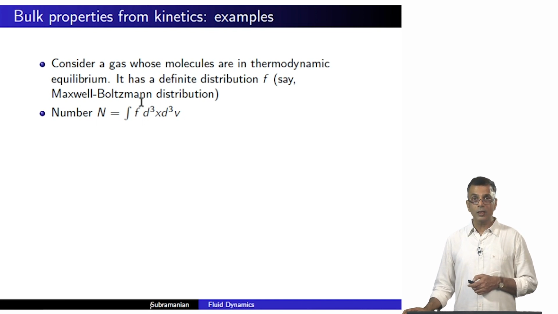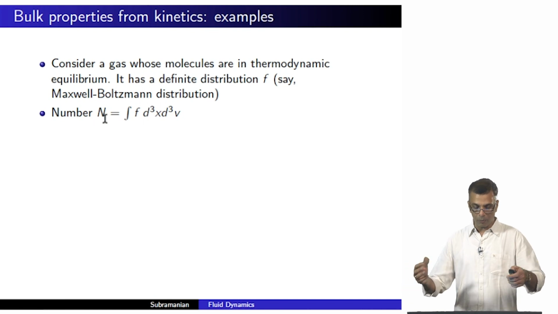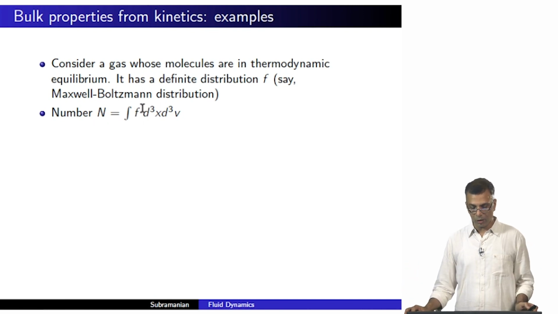Now, what is an example of a bulk property that is derived from this distribution? Say the total number of molecules in a box. The molecules are characterized by a Maxwell-Boltzmann distribution, and you integrate the distribution function over all space d cubed x and all velocities, and the normalization works out to be the total number.